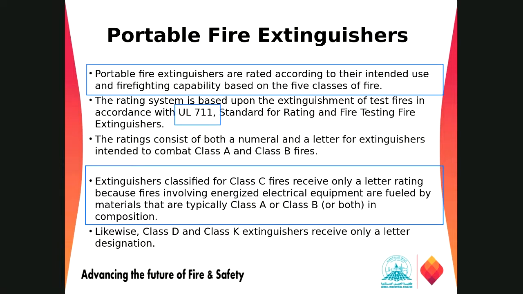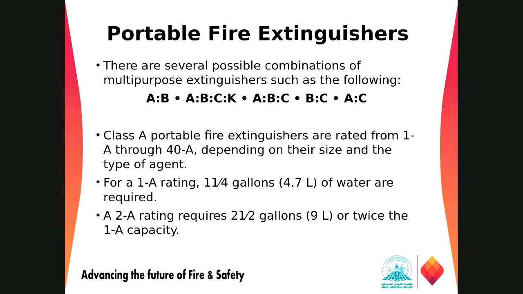So it is based on the quantity of Class A and Class B in those certain applications. For Class D and Class K extinguishers, there are only letter designations, not any kind of numbering.